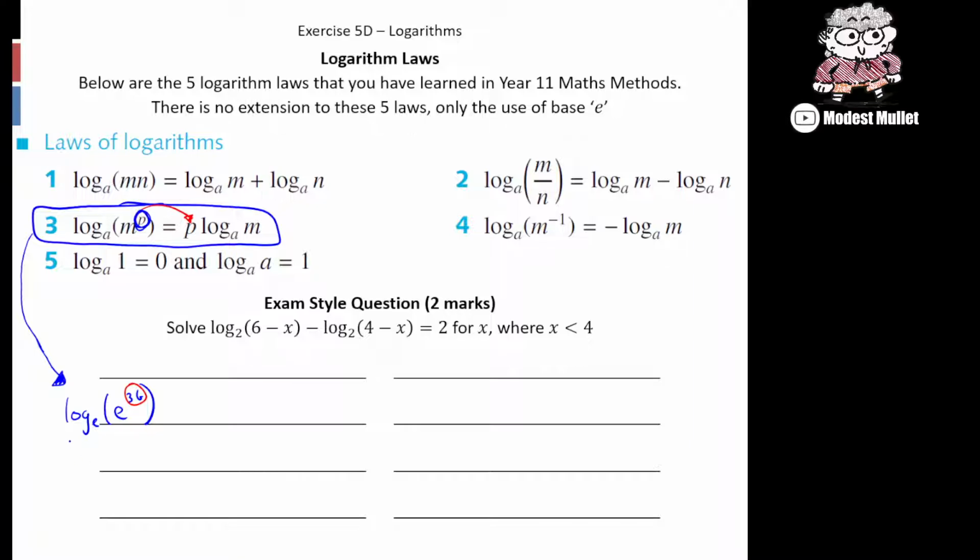So we would be left with log to the base e of e. And that is asking us, log to the base e to what power gives me e inside? Well, that's just 1. Log to the base e of e is 1, so all we're left with is 3b. All of that bit cancels out.